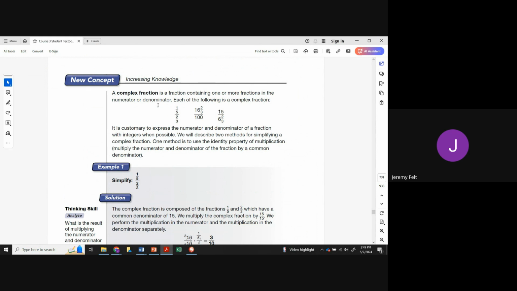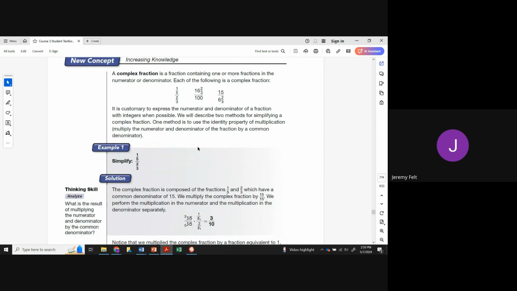An example of a complex fraction: 1/5 in the numerator, not the fraction itself, there's a fraction within a fraction in the numerator and the denominator. Mixed number in the numerator over a whole number over a mixed number. So again, that's just an example of a complex fraction.